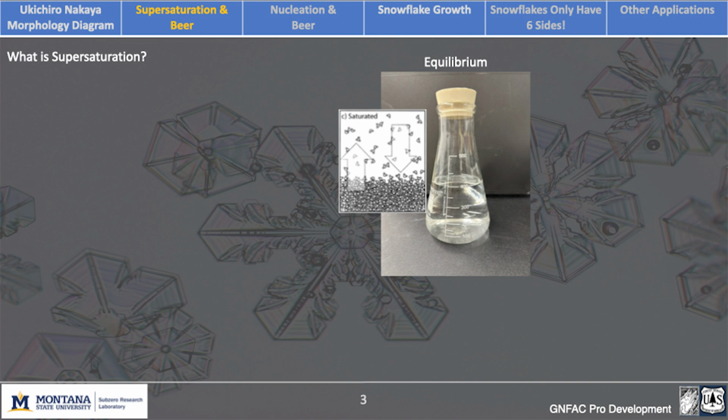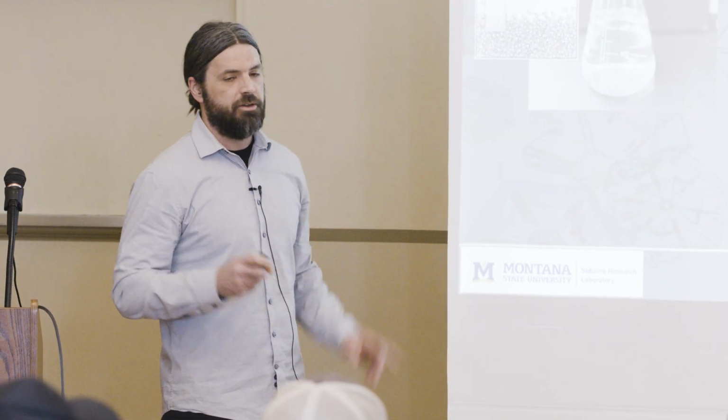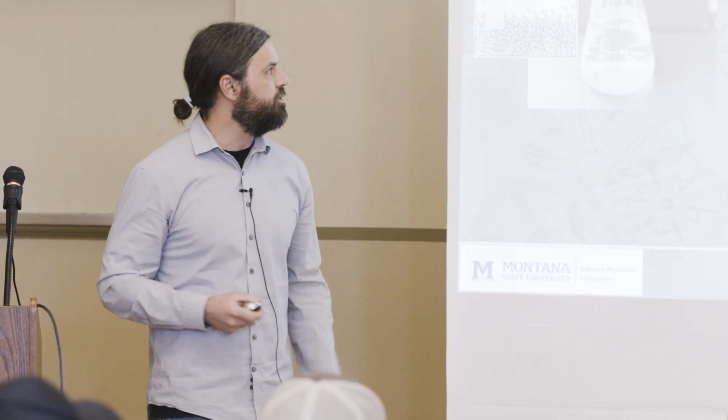So these arrows are the same magnitude. There's always something happening, dynamically, at the surface of a liquid. And so we've got water molecules leaving the surface of the water, and we have water molecules that are in the vapor phase entering the water just from the energetics of temperature. So that's equilibrium. Saturated, that's like the 100% relative humidity.